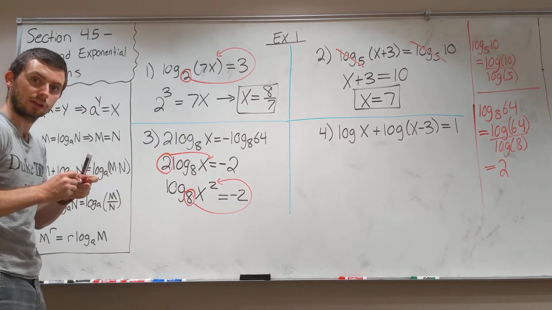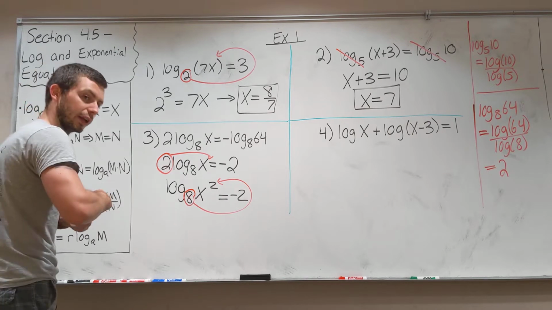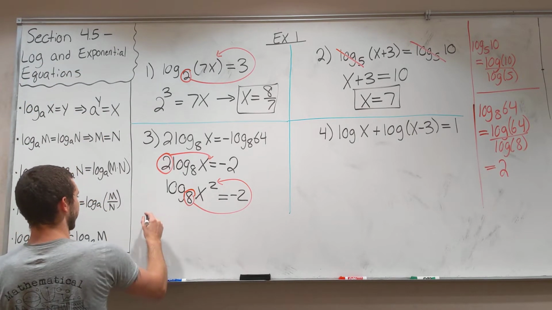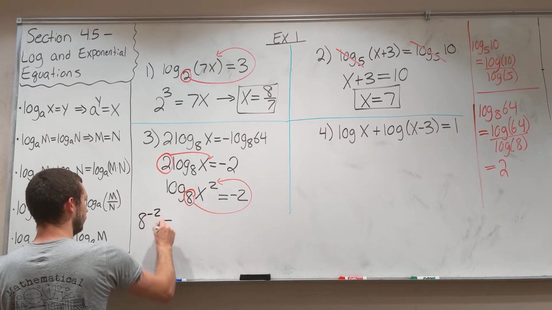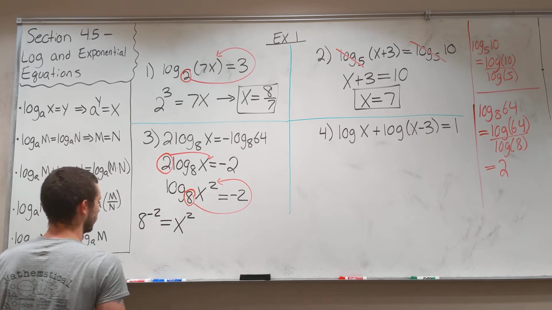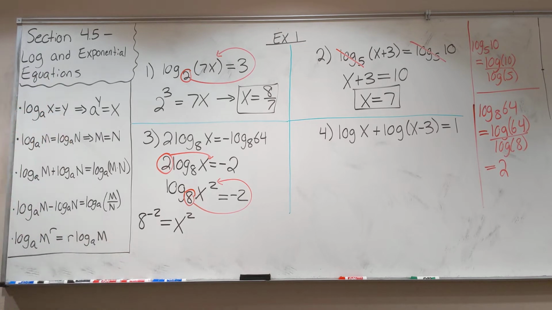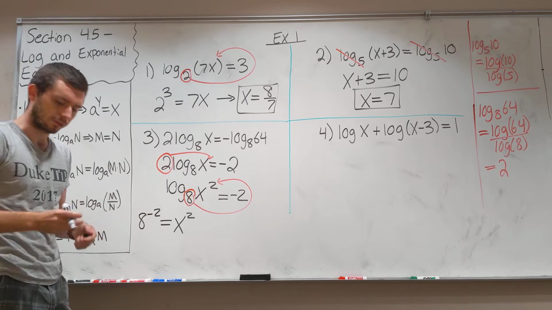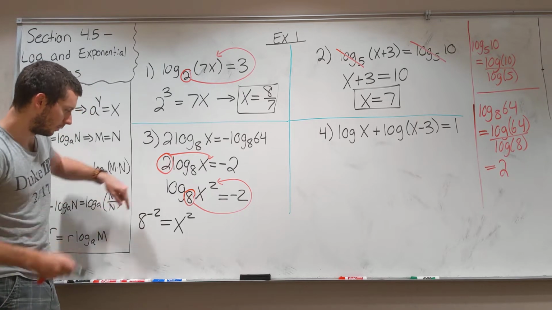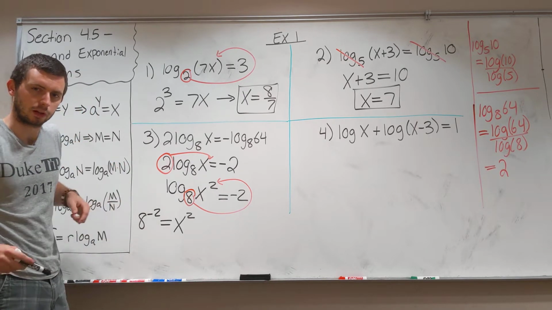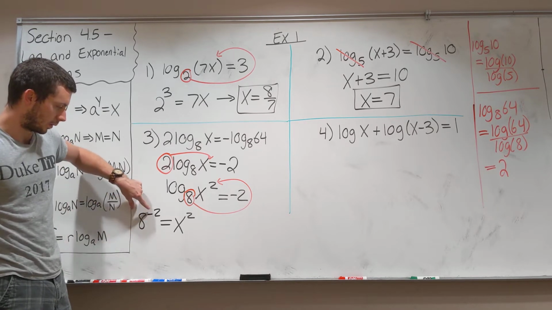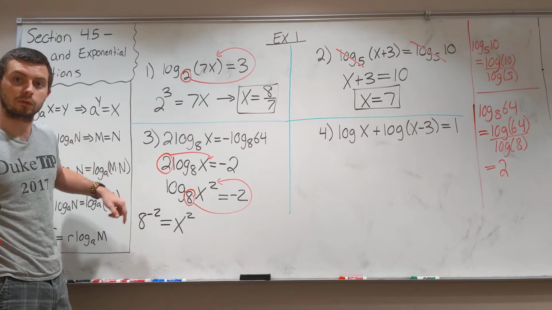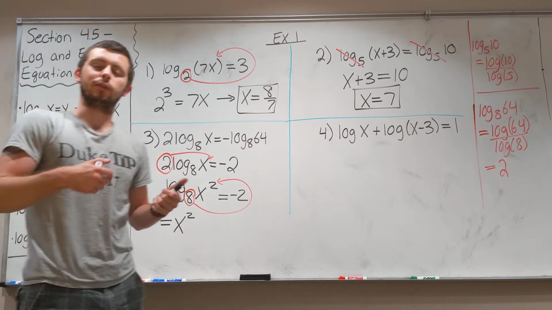Which tells us exactly how to reformat this as an exponential. It says it's 8 raised to the negative second power is equal to x squared. And so now that we're here, well, 8 to the negative 2, hopefully you remember what a negative exponent does. The negative will flip the base, so then the negative would make 8 become 1 over 8, and the 2 would square that to give you 1 over 64.